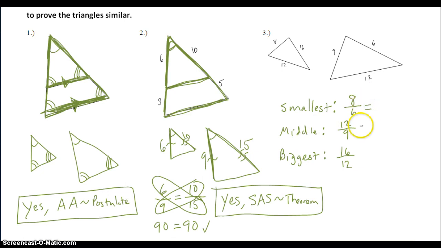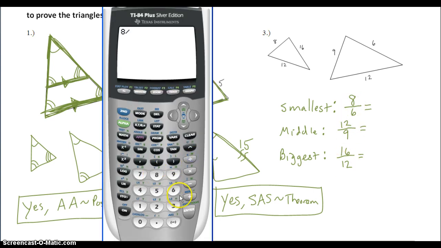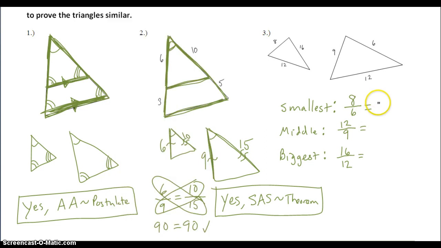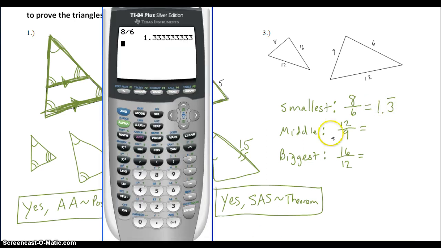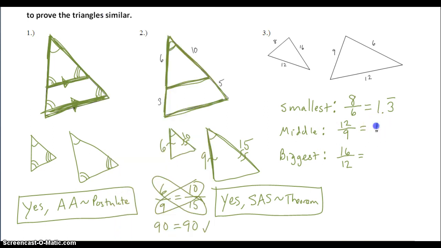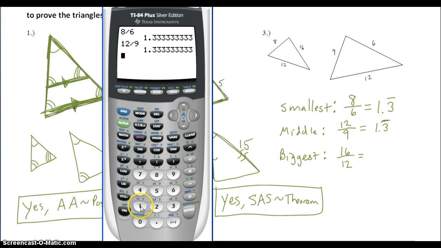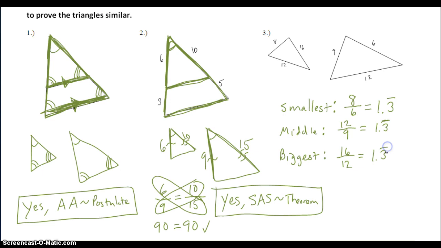Now I'm just going to use a calculator to find all of the decimal equivalents of these ratios. 8/6 as a decimal is 1.3 repeating. 12/9 as a decimal is 1.3 repeating. And 16/12 as a decimal is 1.3 repeating.